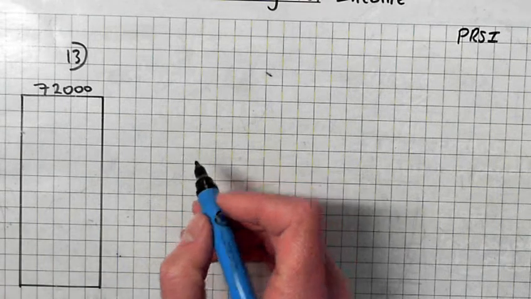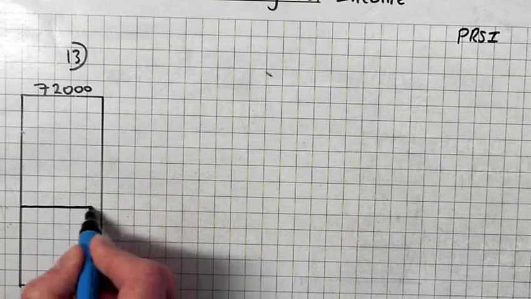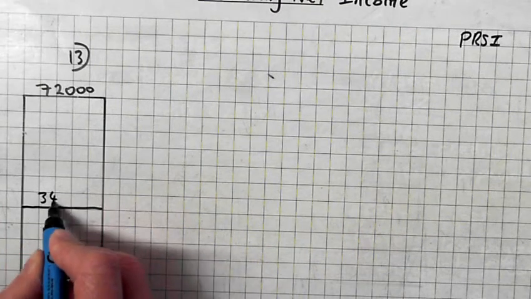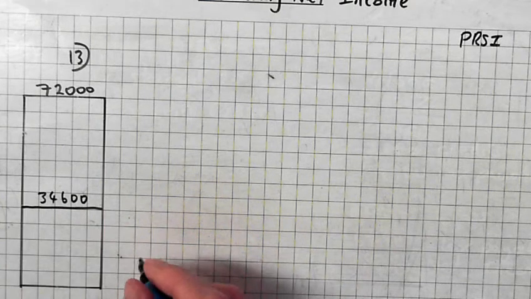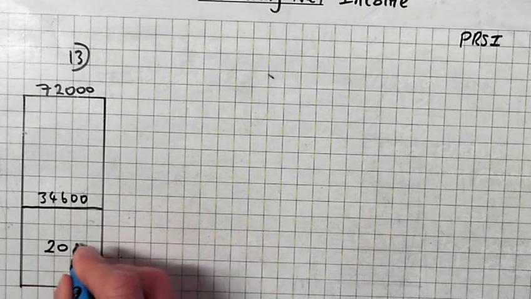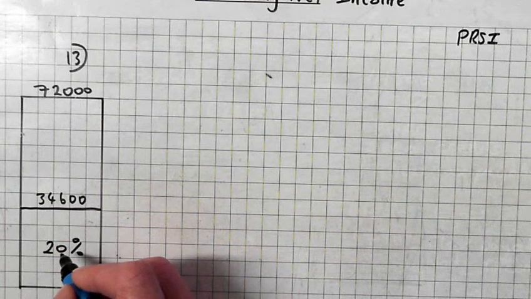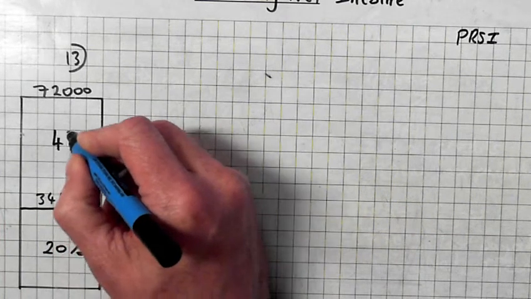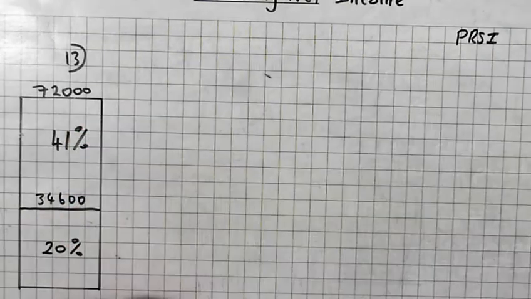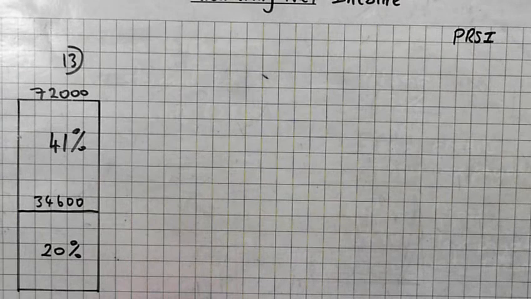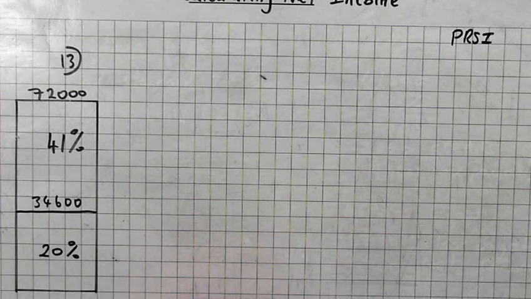His standard rate cut-off point is 34,600. The standard rate of tax is 20%, so the first 34,600 is paid at 20% tax. The higher rate is what's left, it's 41%. He has tax credits of 3,000.